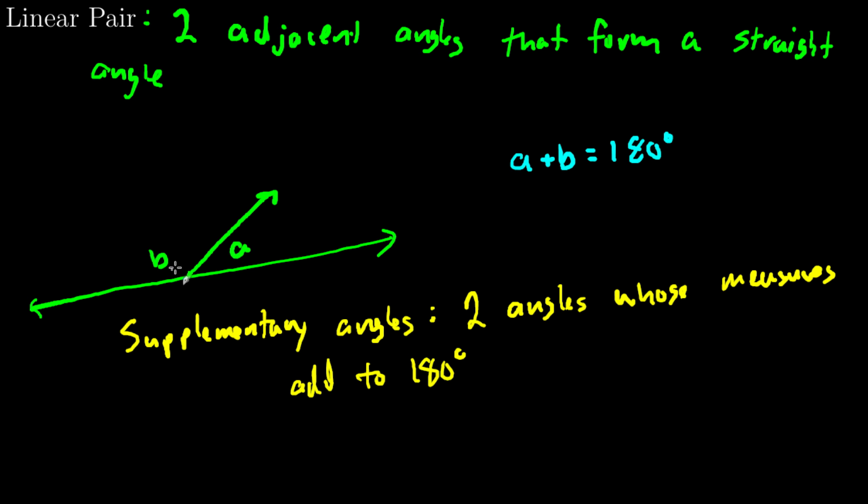So in a linear pair, they actually have to make the line. Supplementary angles, I could have something like this, where I have, let's say, 130 degrees and 50 degrees. So you can see there's no straight line made in this diagram, but if I put these together, it would still make a straight line. So that's the difference.